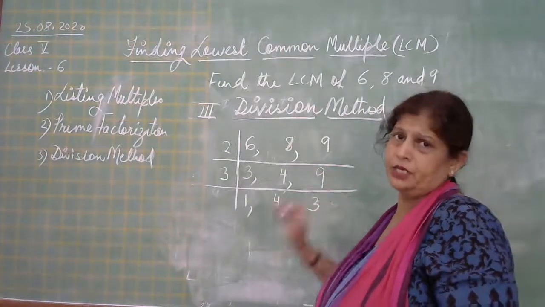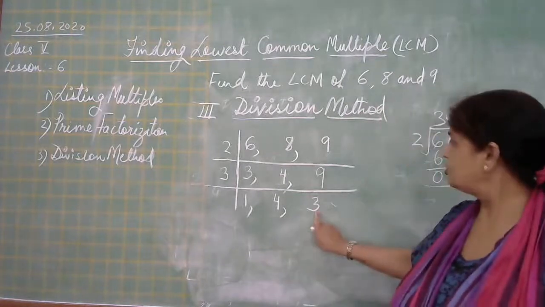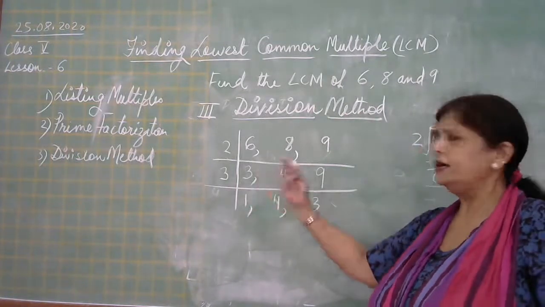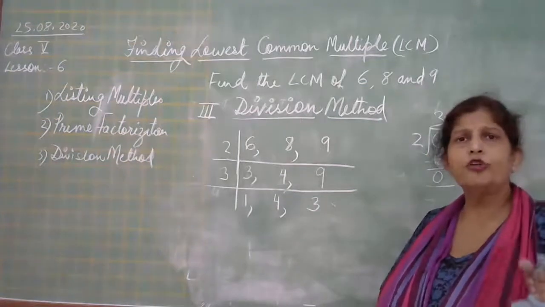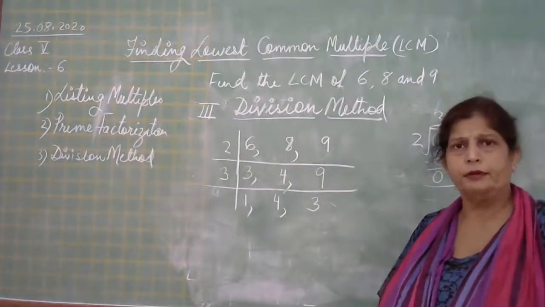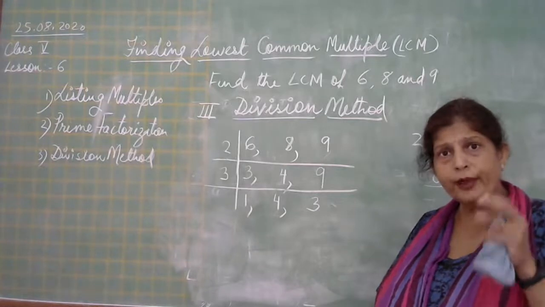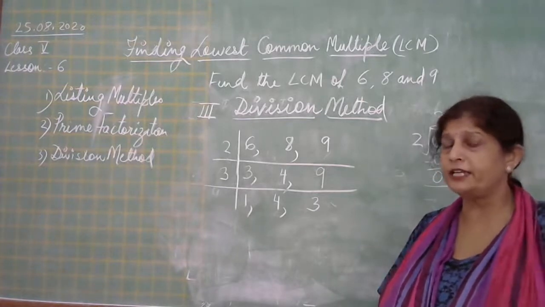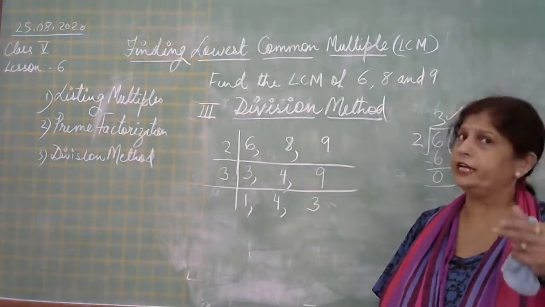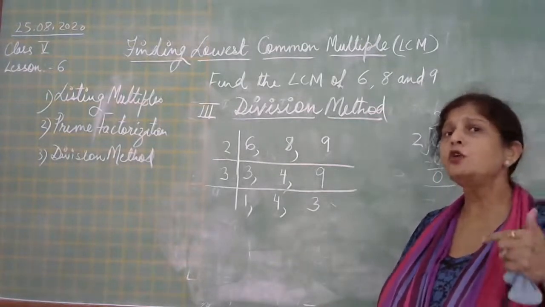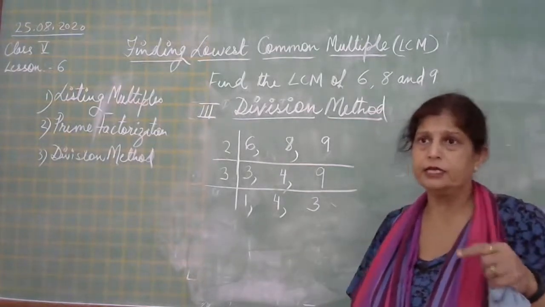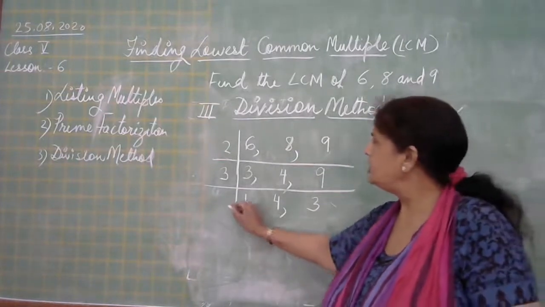So we can stop here. Because 4 and 3 are co-prime numbers. So you can stop right here. If you want, you can take it further. If you want to stop, you can stop right here. Now if you want to take it further, what will you do?